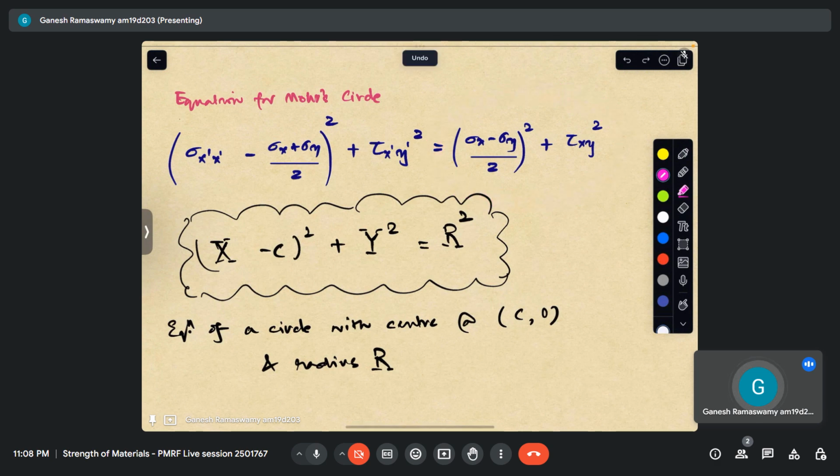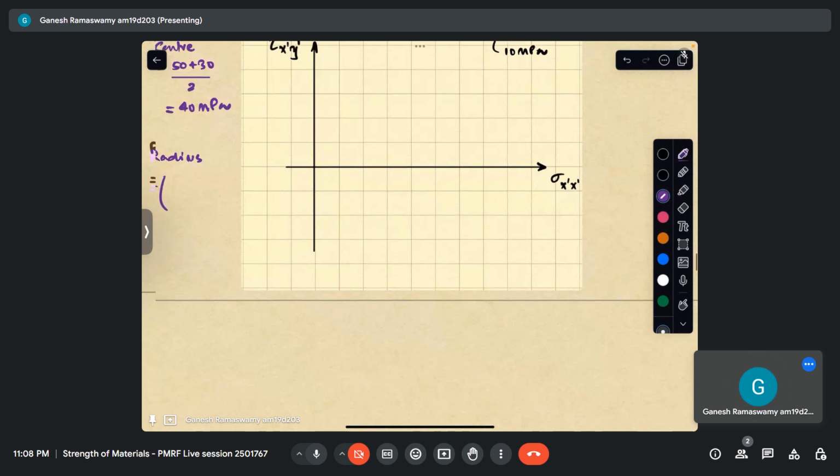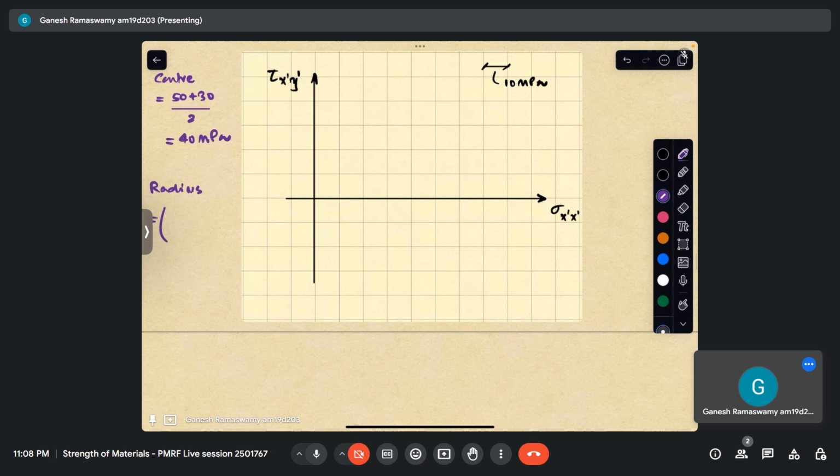So sigma x minus sigma y by 2 whole squared. So radius is nothing but 50 minus 30, 20 by 2 the whole squared plus 20 squared, root over. So the radius comes out to be 10 squared plus 20 squared, root of 500, which is around 22.36.